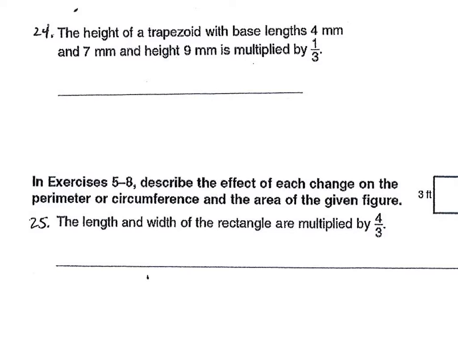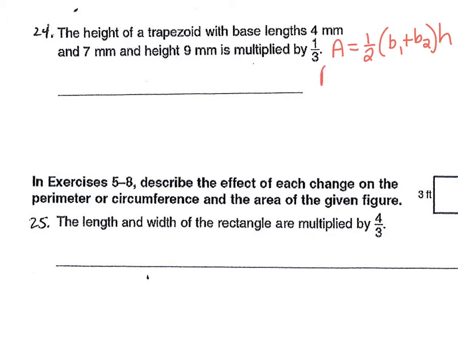So first of all, since I'm going to get the area, let me get the area of the original figure. So area, what's the formula for the area of a trapezoid? One half times the sum of the bases, times the height.